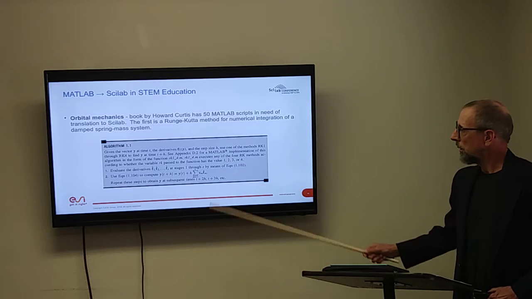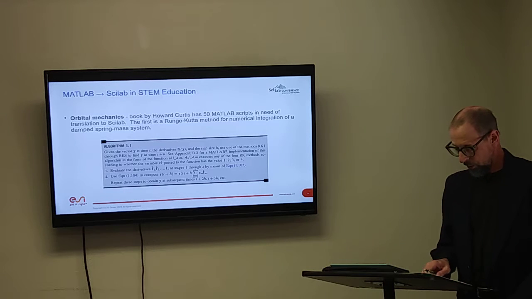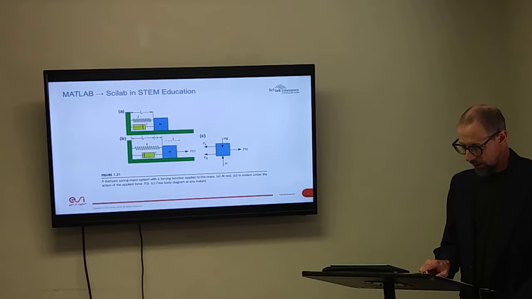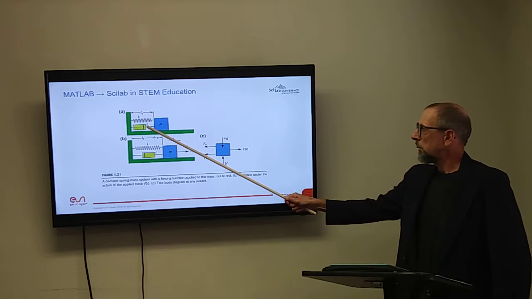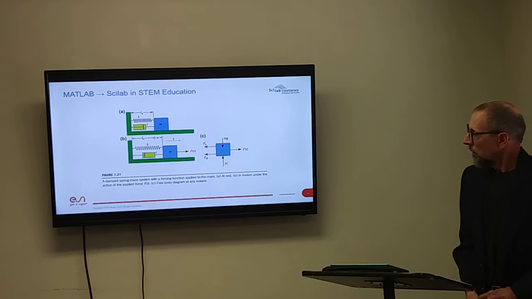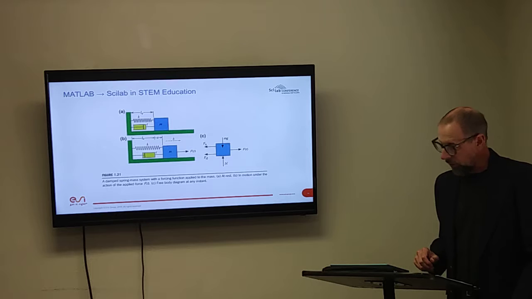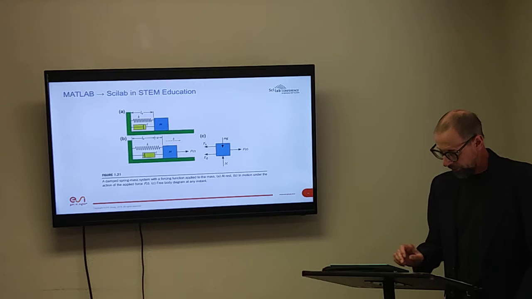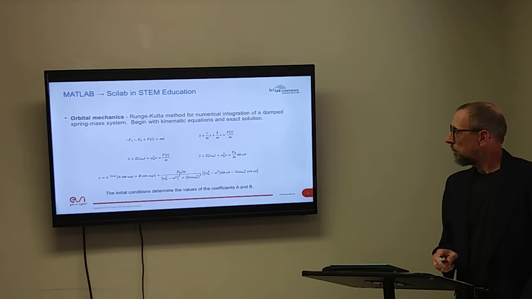This first algorithm is applied to a mechanical system with a mass, a damper, and a spring. So this particular example shows the differential equation written for that system.